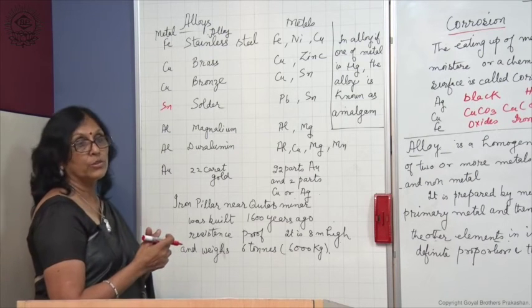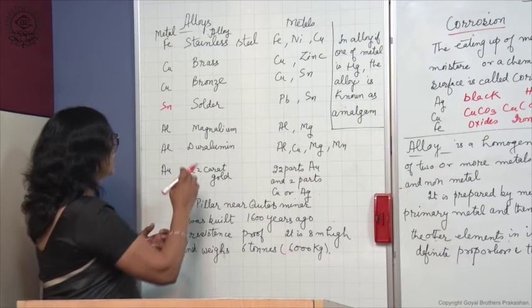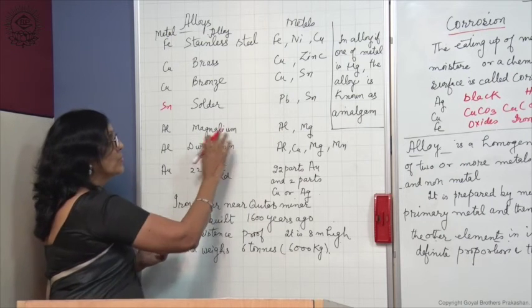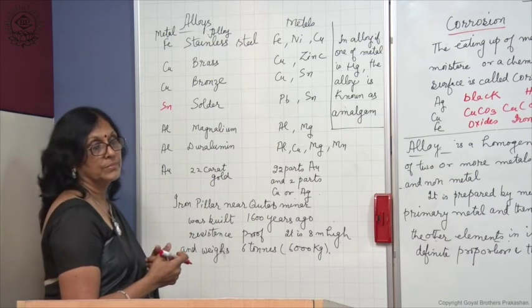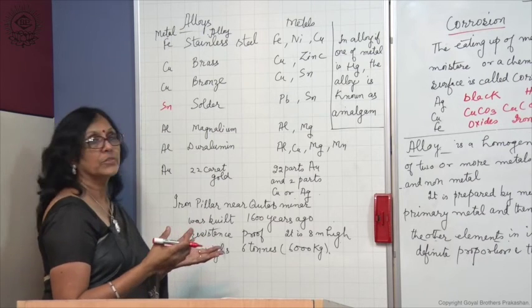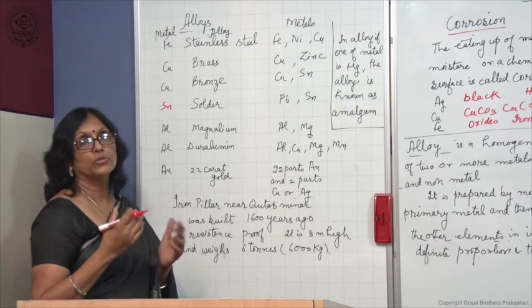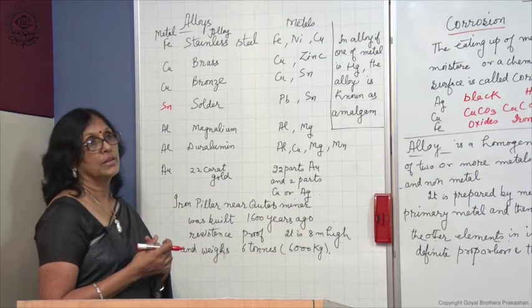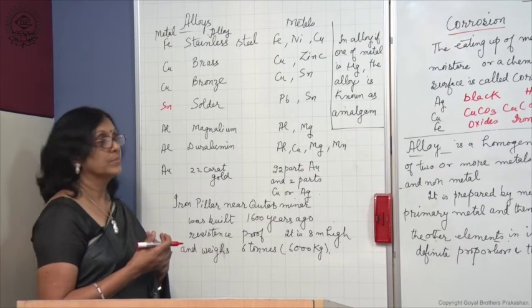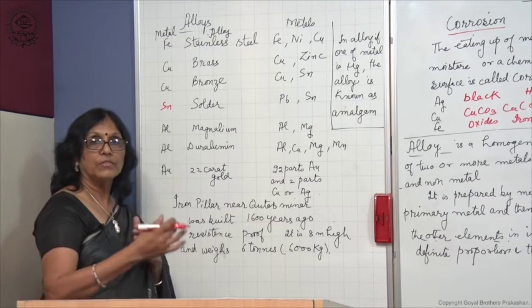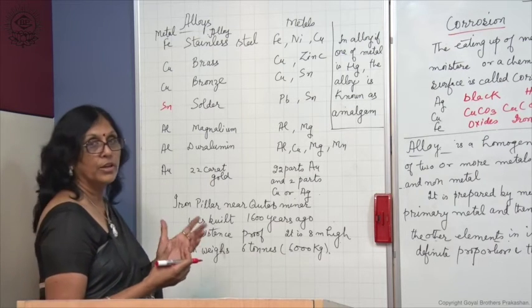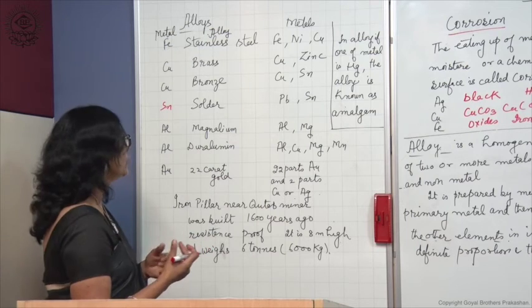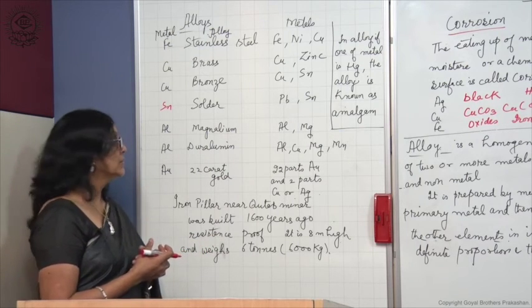It is light in weight also, but when it is alloyed with magnesium, it forms the alloy magnalium. So, it not only remains light in weight, it also becomes strong. So, it is used to make the parts of an aeroplane, because it is light in weight and strong also. The alloys become very strong, properties change considerably.